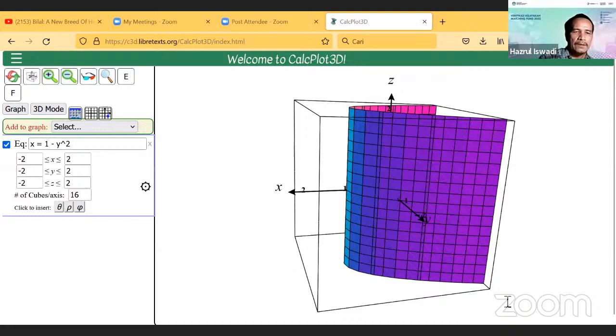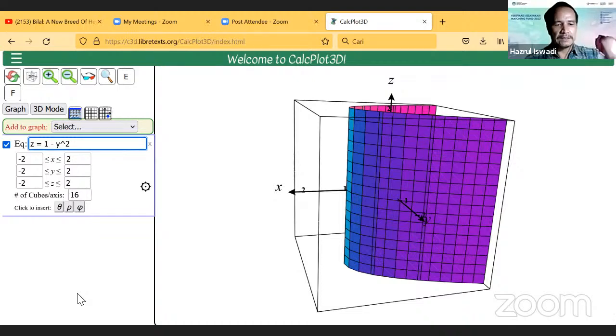I will draw it by changing the equation: z is equal to 1 minus x square minus y square, and click enter.